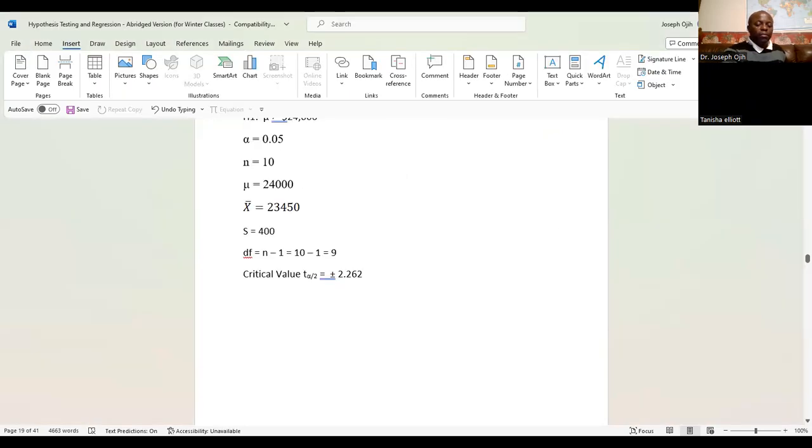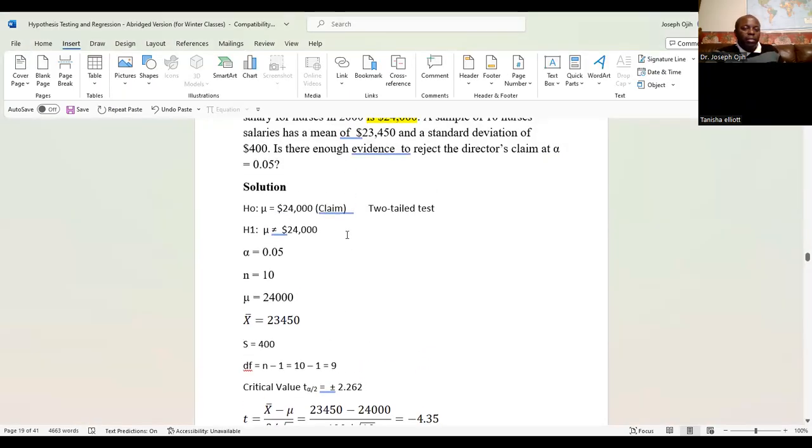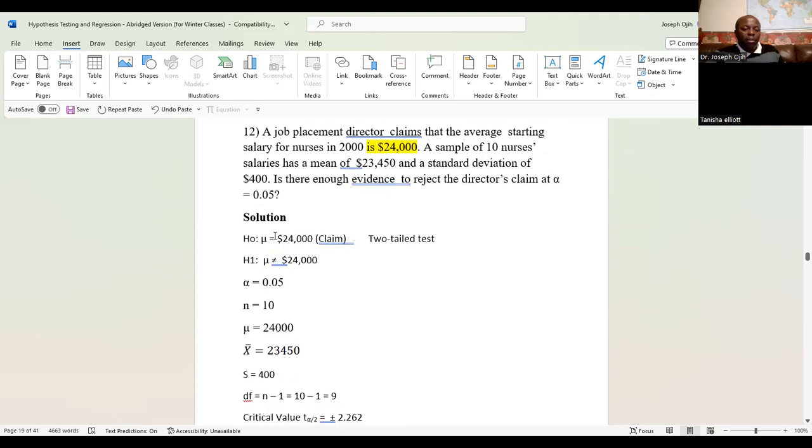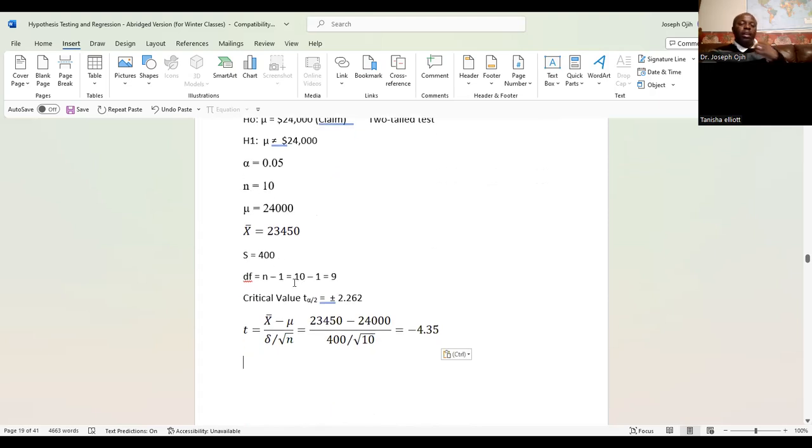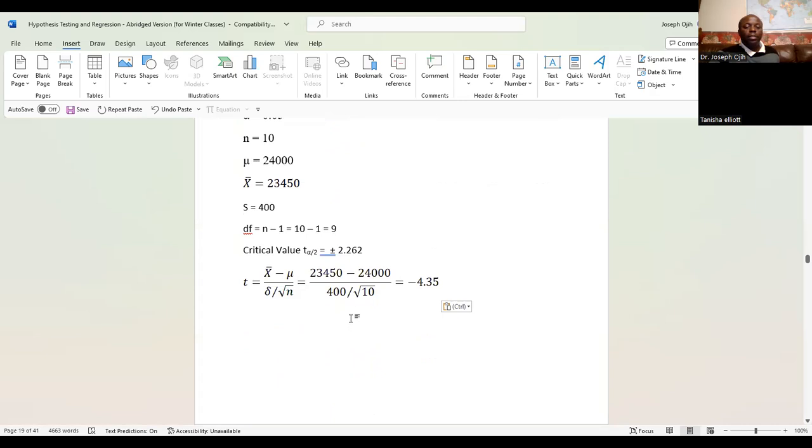Negative 4.35. So now, again, we have run our test. We have our hypothesis stated, presented our summary statistics, and got our critical value. Now, this answer is negative, so we consider the negative critical value. So we're going to be using the critical value of negative 2.262.